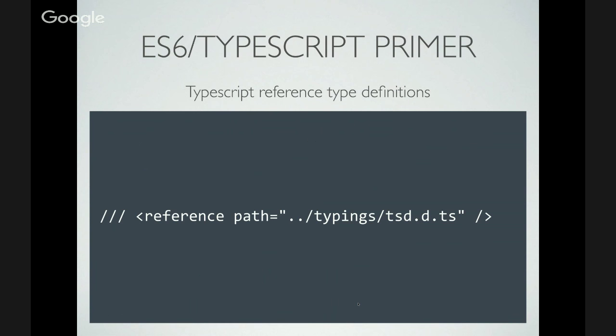And then the last piece is a reference. You'll see a tag like this, and it's going to reference basically definitions. So that interface that I showed you just a second ago, for libraries like Angular or Ionic, what happens is when all of that code gets transpiled through TypeScript, it outputs as JavaScript. And so all that typing definition actually has to be stripped out because it's not valid JavaScript.